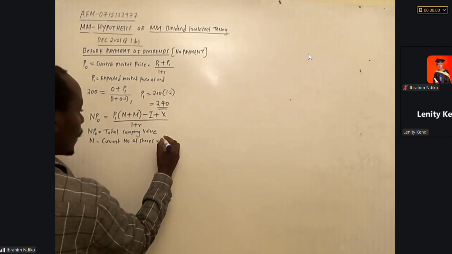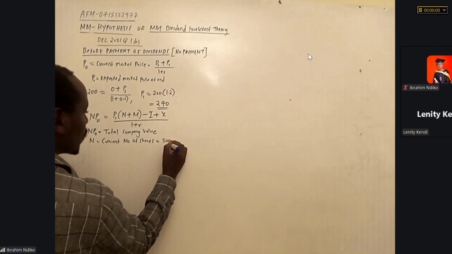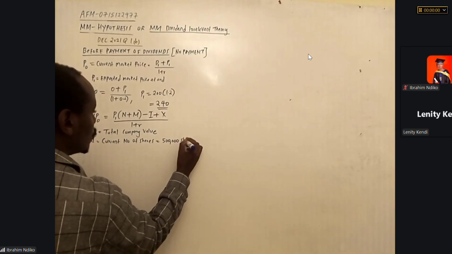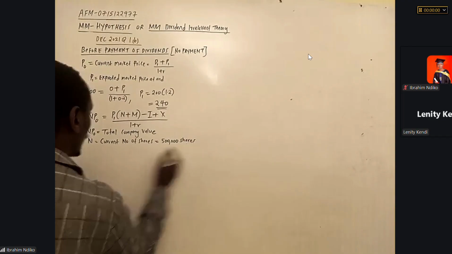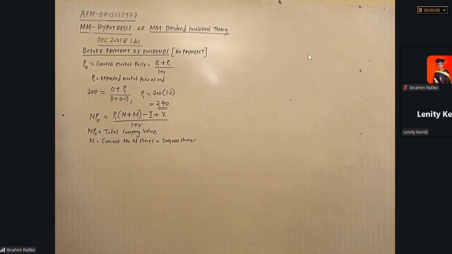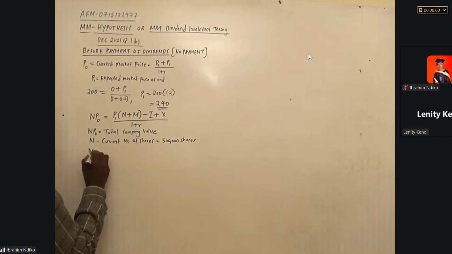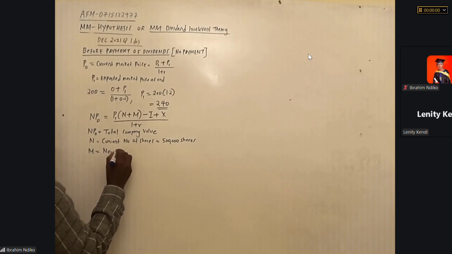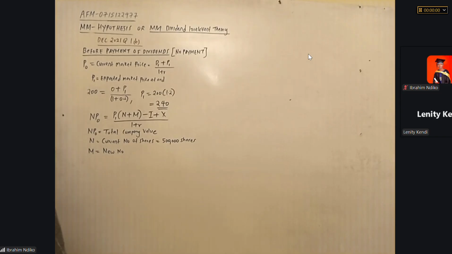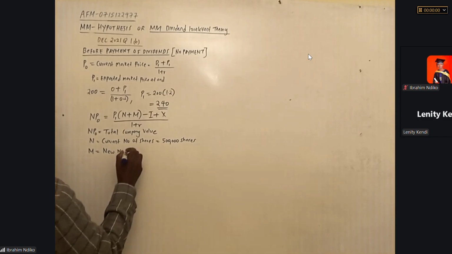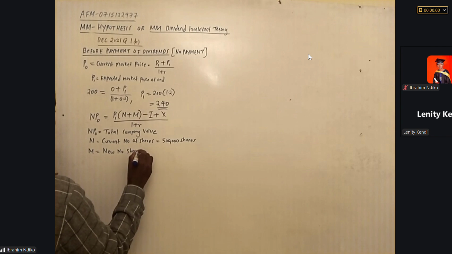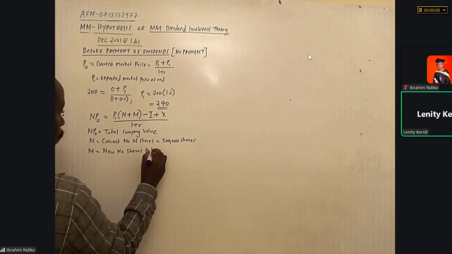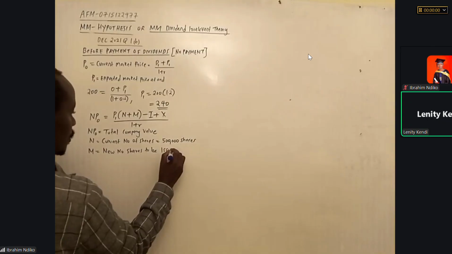So that is N. And M is the new number of shares to be issued. How do we get it?